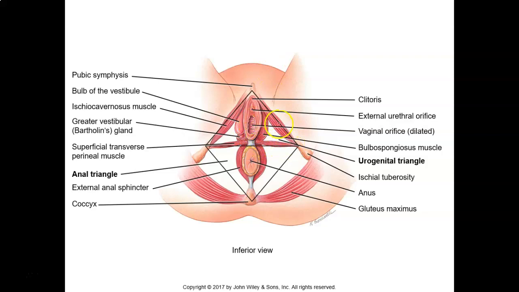But these muscles in through here, I'll talk about these a little bit more, as well as these different glands in through here. We see the urogenital triangle. These are part of the muscles which are partly responsible for urination, defecation. They don't produce a huge amount of force, but they help regulate the movement.